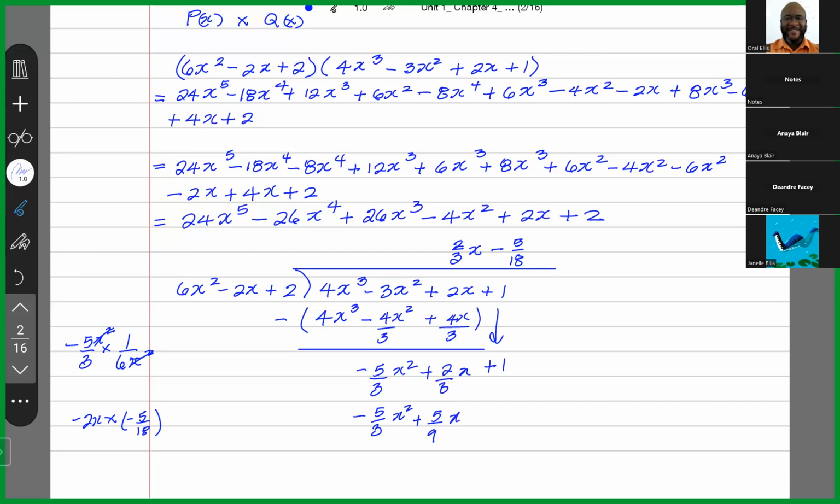And lastly, minus 2 times minus 5 over 18, and what we get is minus 5 over 9. Then we're going to subtract.